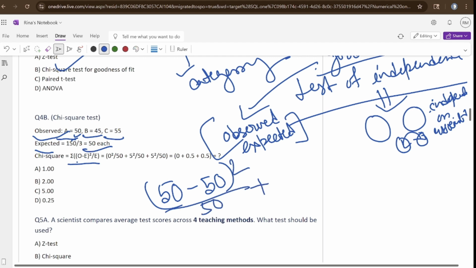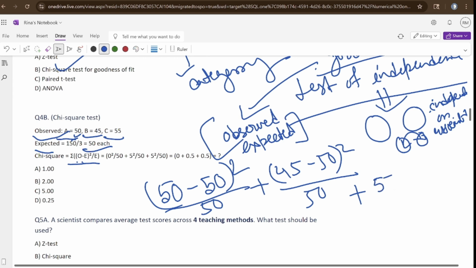Same, observed 45, expected 50, squared divided by expected 50. Again, observed is 55, expected 50, squared divided by expected, so 50.